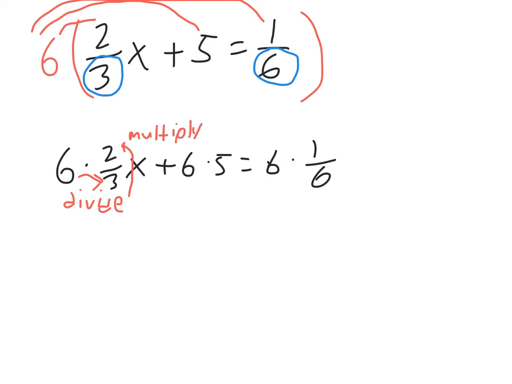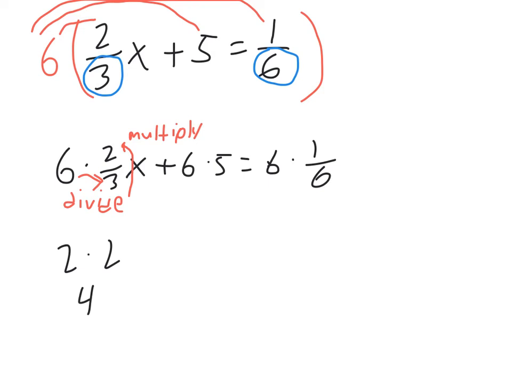So let's do this. So we have 6 divided by 3 is 2. And then multiply that by the 2 on top, and that'll give us 4.